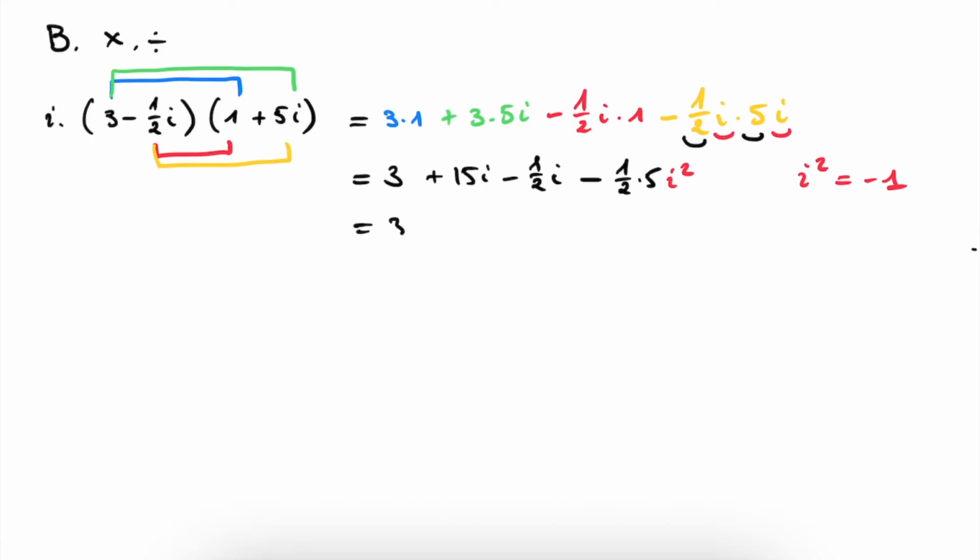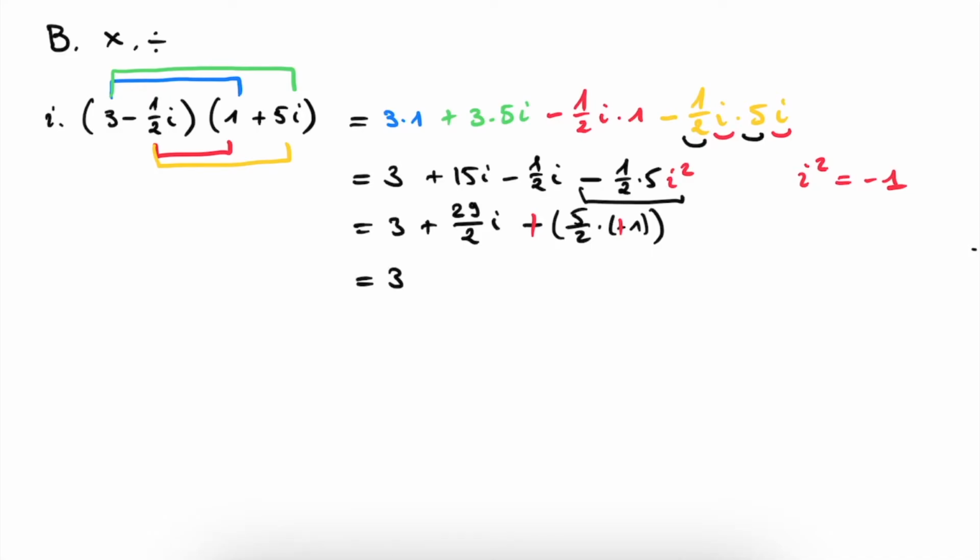So we get 3 plus 15i minus 1/2 times I is of course 29 divided by 2 times I. And now we have this last term where we have 5 divided by 2 times I squared. But I squared is minus 1. So we get minus 5 divided by 2 times minus 1. And of course, because this minus 1 and this minus sign here can cancel each other out, we simply have the following.